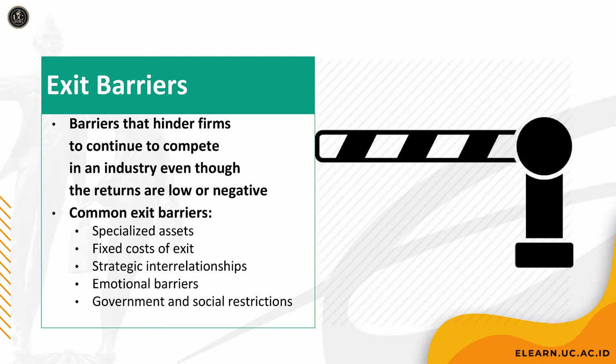So what things need to be considered with exit barriers? Is there any specialized assets? Is there any fixed cost of exit? Is there any strategic interrelationships among companies? Is there any emotional barriers? Is there any government and social restrictions that hinder you from exiting the industry? So the more difficult it is to exit an industry, the harder it is for companies to liquidate their business if anything goes wrong.